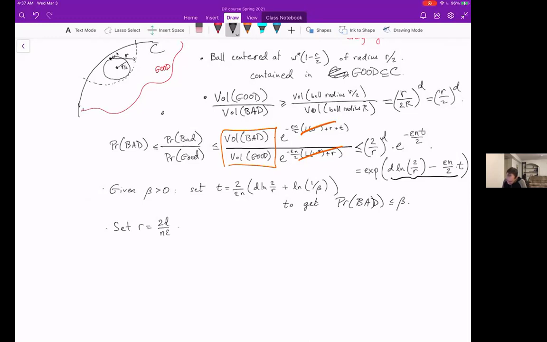What we know is that with probability at least 1 minus beta, we have excess risk, or error, that is at most, we said it's R plus T. So R plus T here is 2d over n epsilon plus 2 over n epsilon times d times log of d over n epsilon plus log of 1 over beta.